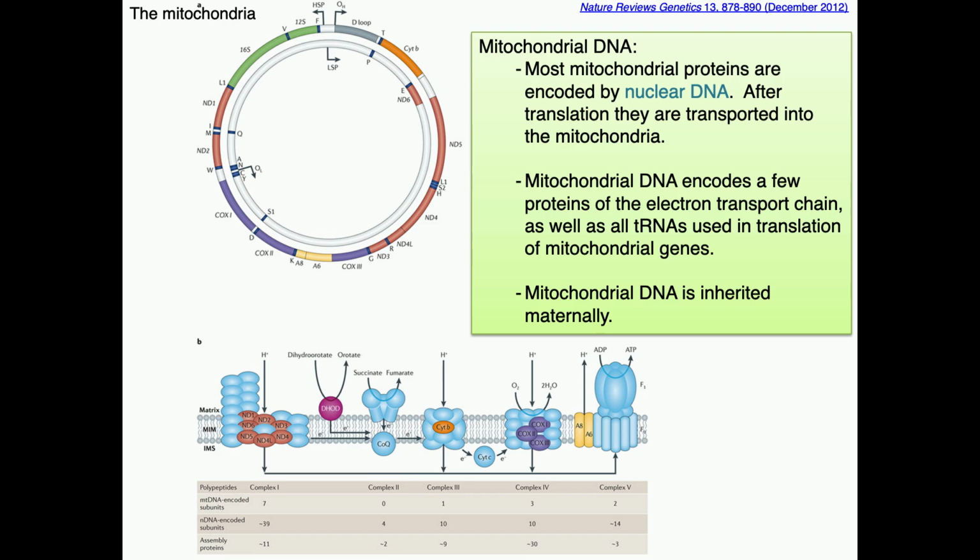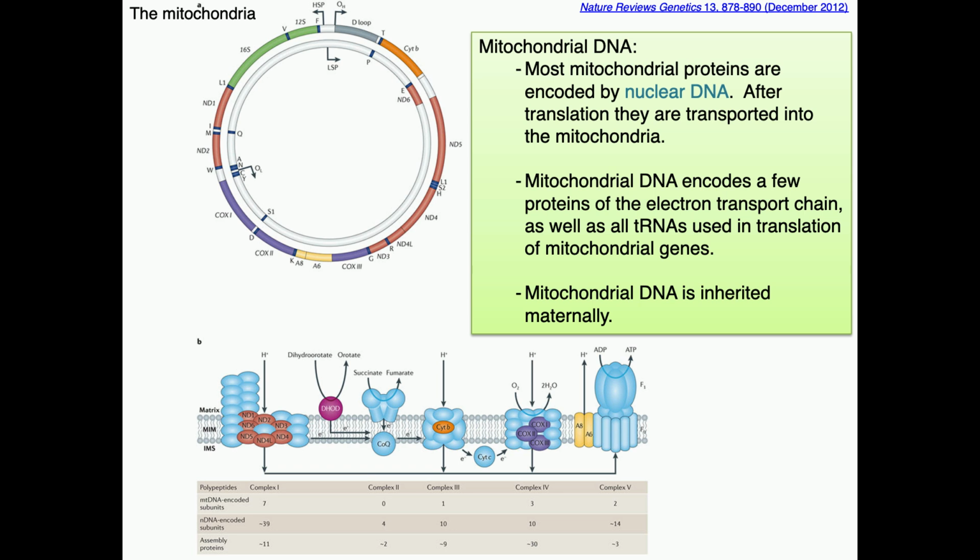Okay, so what's encoded on the mitochondrial genome? The mitochondrial genome encodes some subunits of the electron transport chain proteins. So those are shown here: complex 2, 3, 4, and then ATP synthase is complex 5. So each of these are enzymes that are composed of multiple protein subunits, and some of those subunits are encoded on the mitochondrial genome. The exception is complex 2, succinate dehydrogenase.